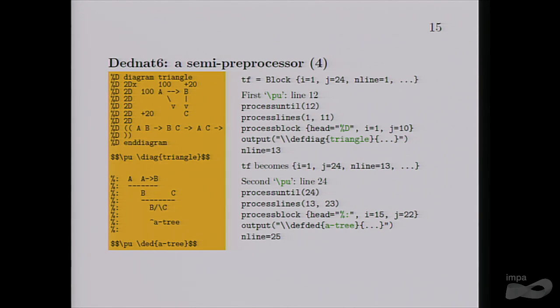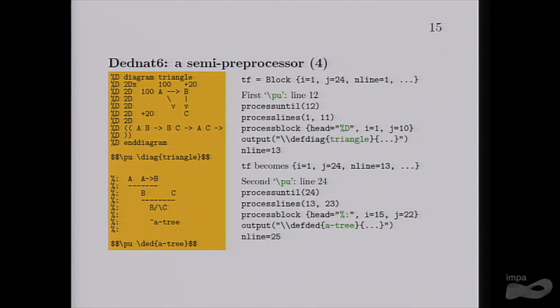We haven't processed anything yet. So when LaTeX is processing this, it reaches a PU at this point, which is in line 12. And then Lua runs this and processes everything from the last thing that was processed in line 1 to this position here. So it processes everything from lines 1 to 11.